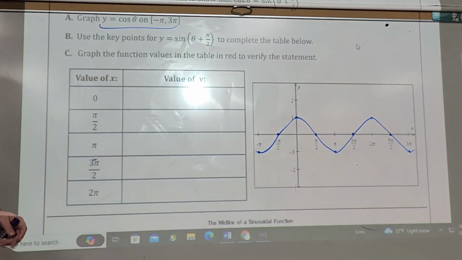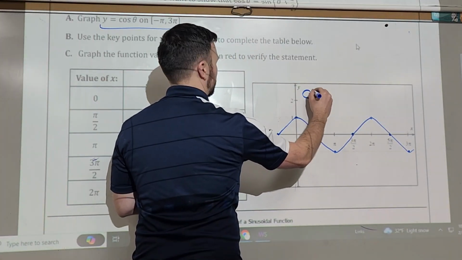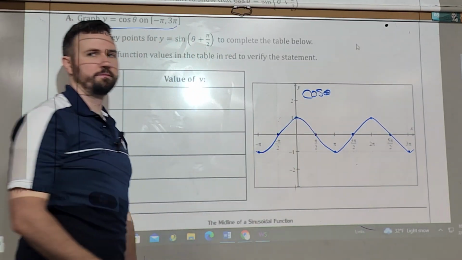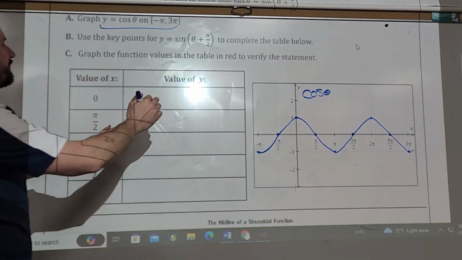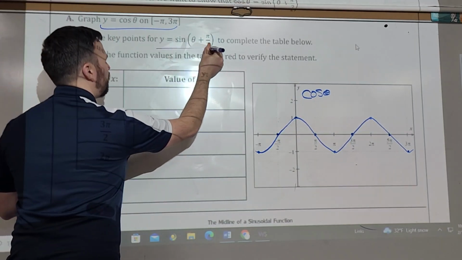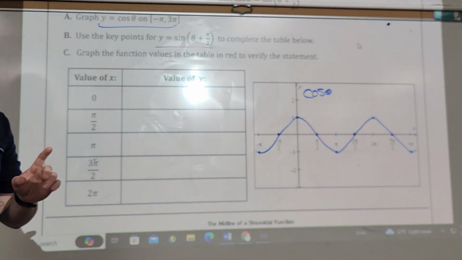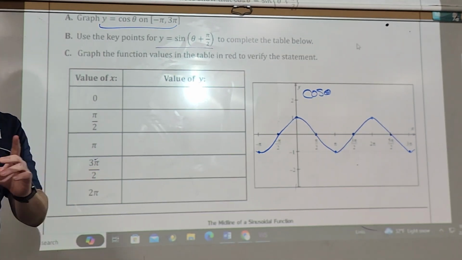All right. Do you all agree that this is cosine, good old cosine of theta in blue? Now what I'm going to do is graph y equals sine of theta plus pi over 2. So let's use our rules.